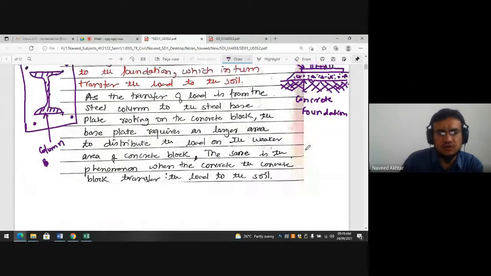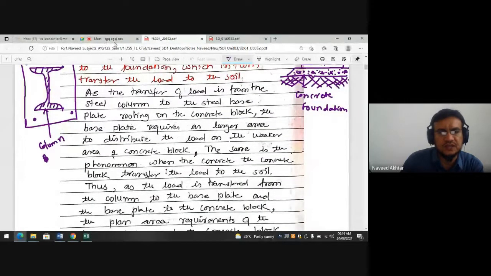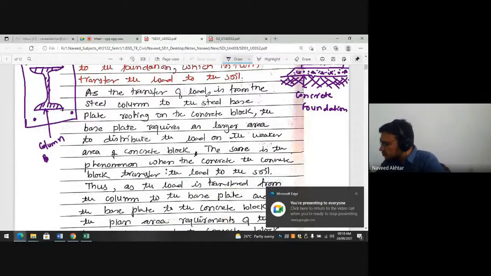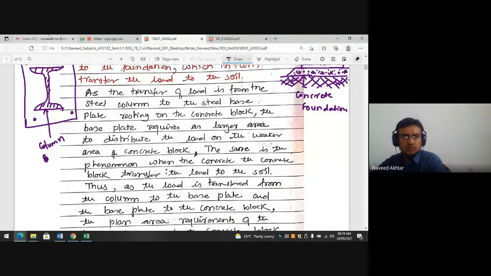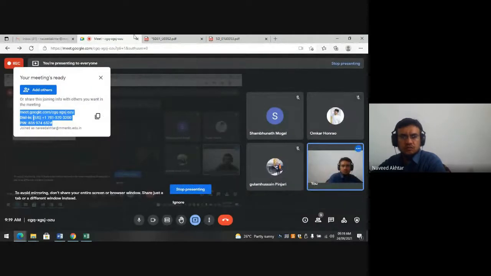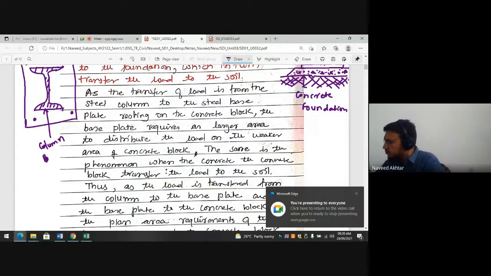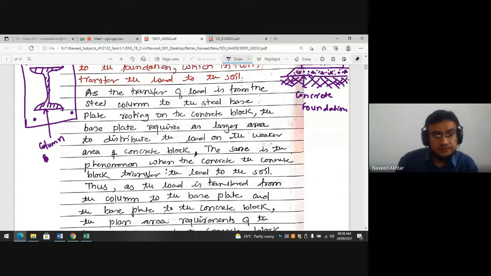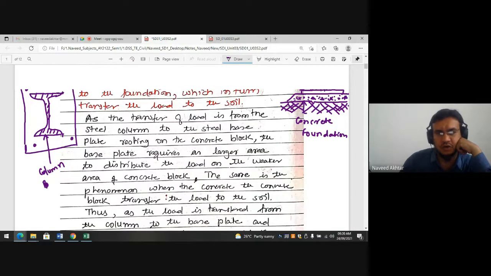As the transfer of load is from the steel column to the steel base plate resting on the concrete block, the base plate requires a large area to distribute the load on the weaker concrete block.